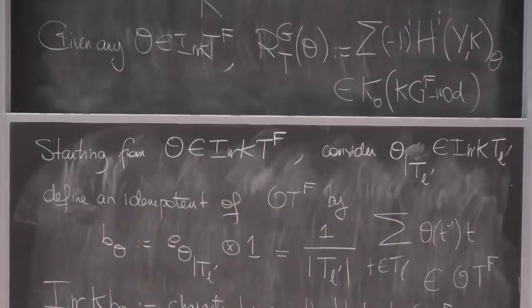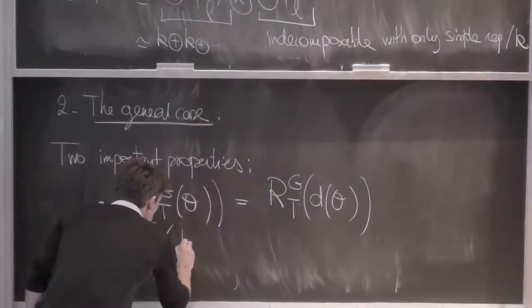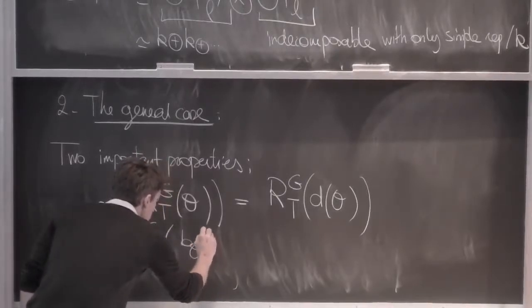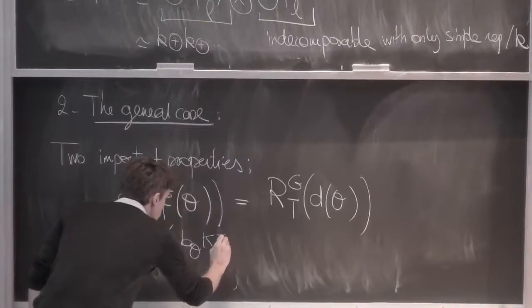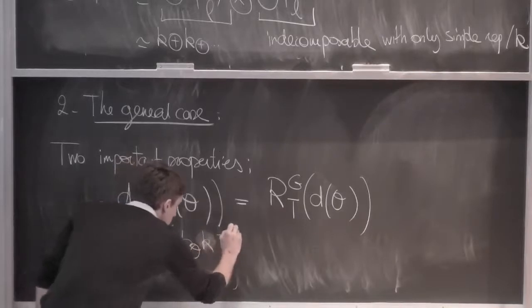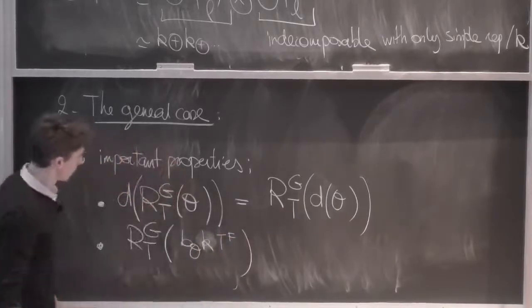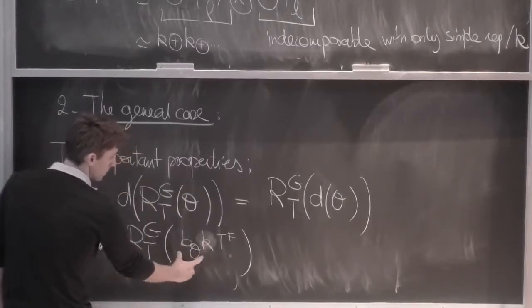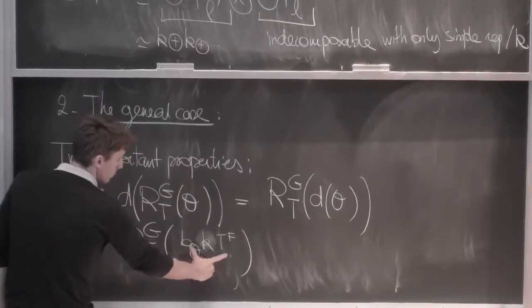So which one am I going to take? I'm going to take the block, the regular representation of the block corresponding to theta. So I'm looking at the regular representation of TF, and I'm cutting by this block. So it's still a projective representation.